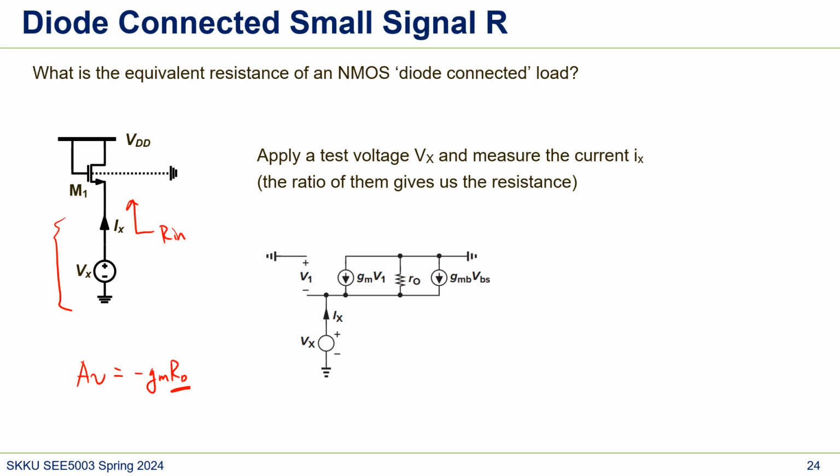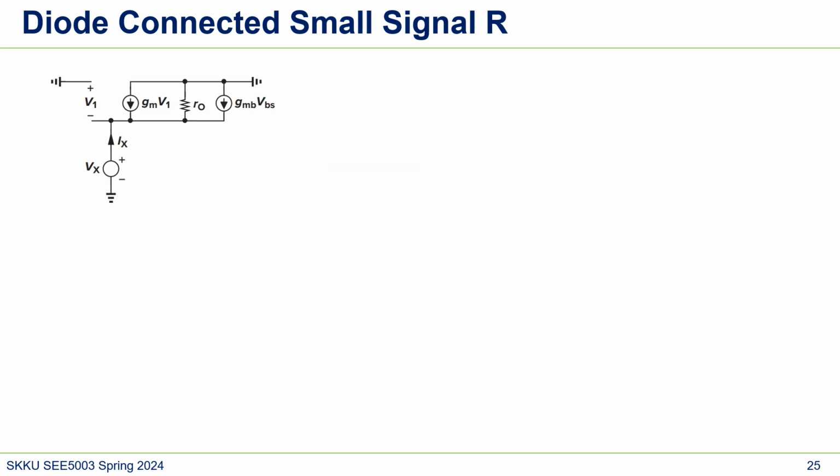To calculate that, we're going to use this small signal model here. Since this is an NMOS, we can represent it like this. And note that we also have the body effect, because the source voltage and body voltage are not the same. Our goal is to calculate the input resistance to this node.